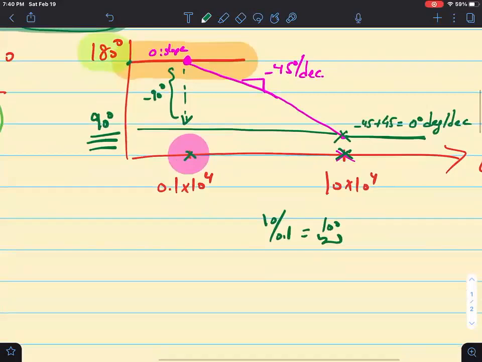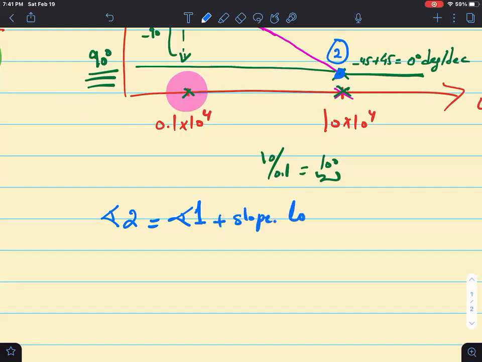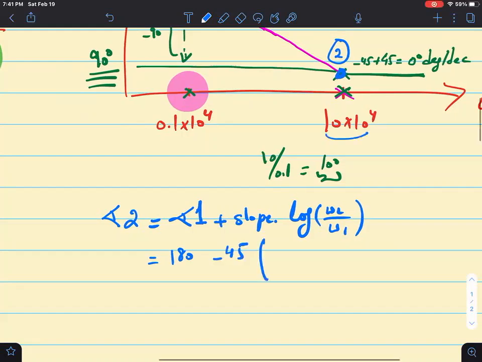An alternate way to calculate things here is to say that the angle 2, at this point 2, is equal to angle 1 plus slope times log of omega 2 over omega 1. Now angle 1 was 180, the slope is minus 45, omega 2 is 10 times 10 to the 4 over omega 1, which is 0.1 times 10 to the 4.